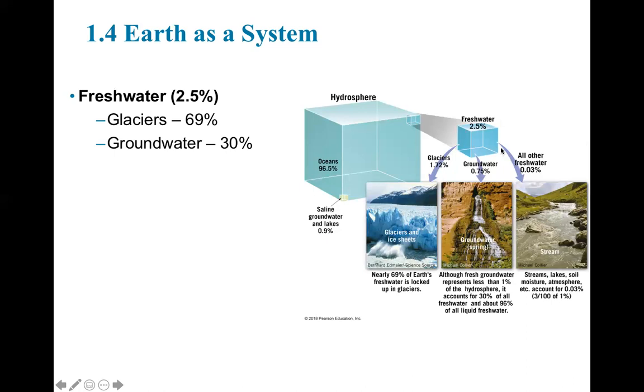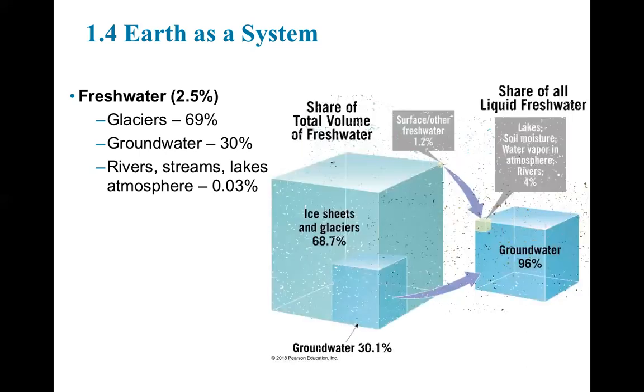It's kind of cool. And bring up the next bullet point. Only about 0.03% is all the others, and that's also going to include the atmosphere, lakes, things like that.